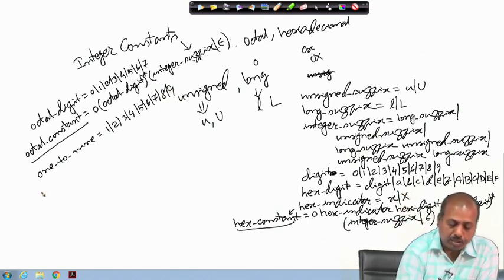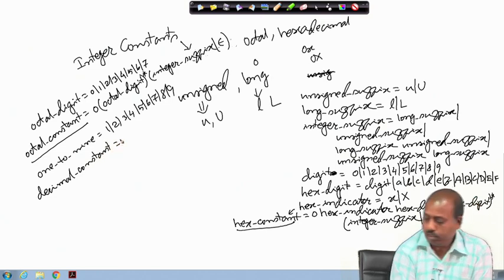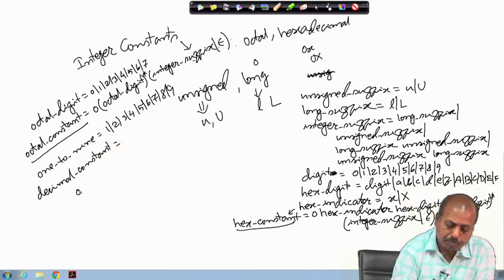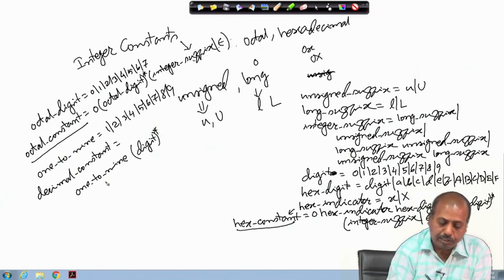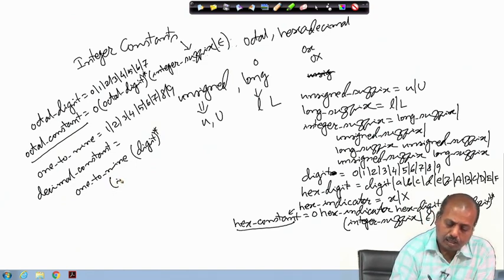And now, decimal constant is defined as this 1 to 9 followed by digit star, and after that I can have integer suffix or epsilon.